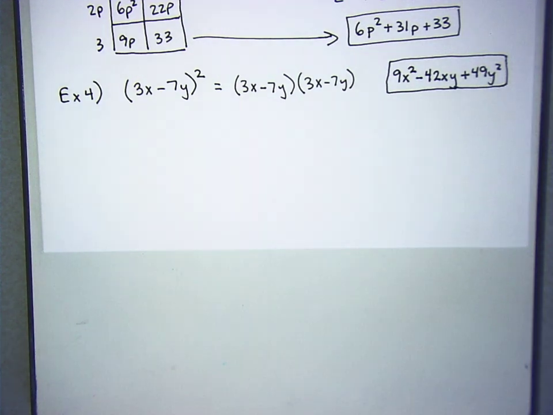I put it last. Not sure. No, I kind of think about it that way too. I think about it like the 3x goes to both of them, and the -7y goes to both of them, yeah, that works. I never understood why people like FOIL. I think it's because people lose track of what they're doing and they don't think of it as distribution.